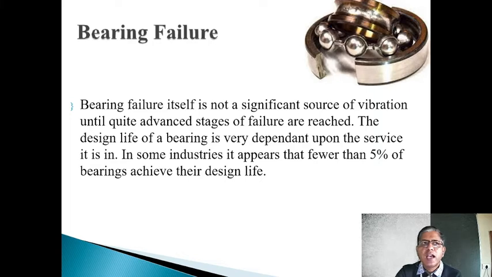As per the data, only 5% of industrial bearings achieve their design lifespan, because whenever the shock comes on the machine, the first component which gets hurt because of that shock is the bearings. That is why bearings are a very critical component, and they have to be maintained in a very precise manner.